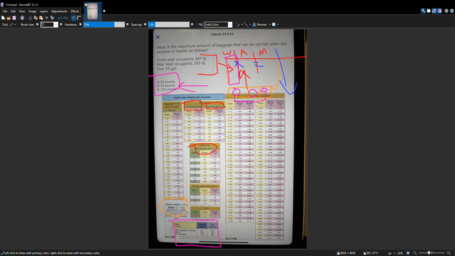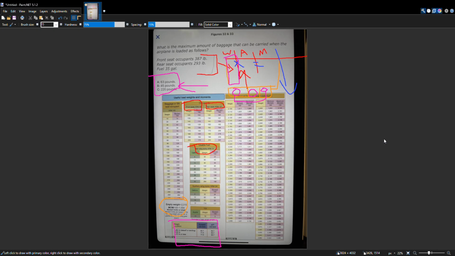If it's way too heavy, then you can immediately say, okay, it was 2950, and I believe the weight that we had was 2905, so that means it could only carry 45 more pounds. So the answer would be B, 45 pounds, because that's the lowest, and that's one of the answers.